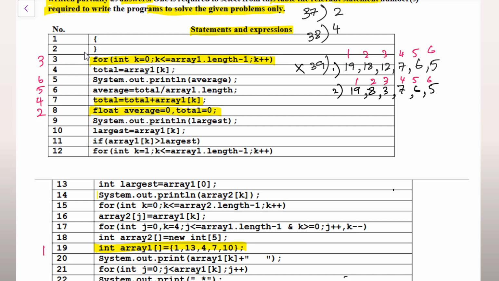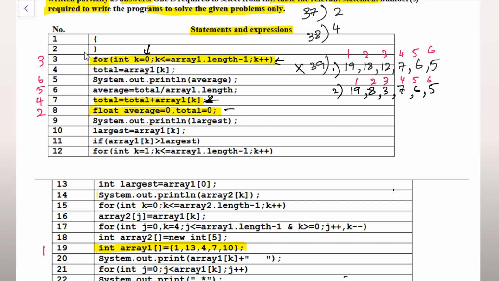And then after the total is calculated, this line belongs to this for loop, right? So after that, for each of the iteration this will be executed, right? So basically starting from 0 to array length minus 1.